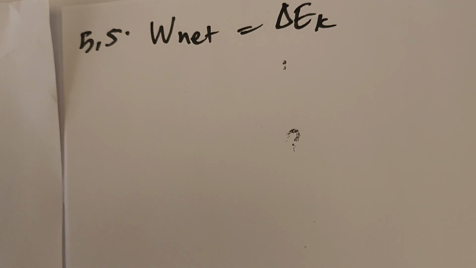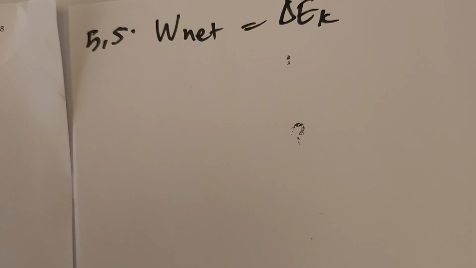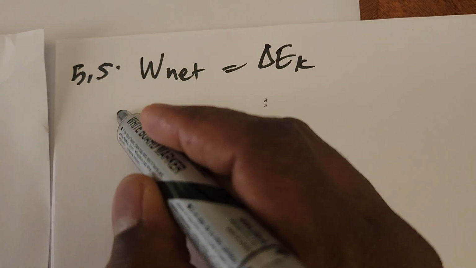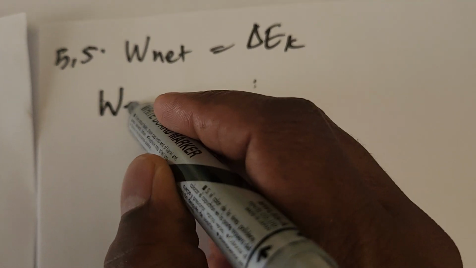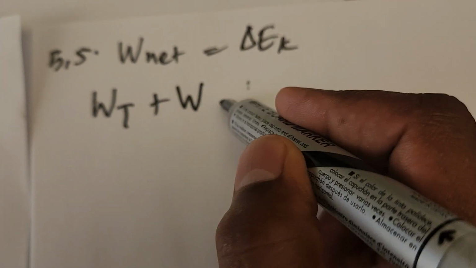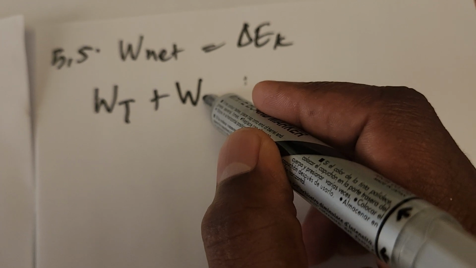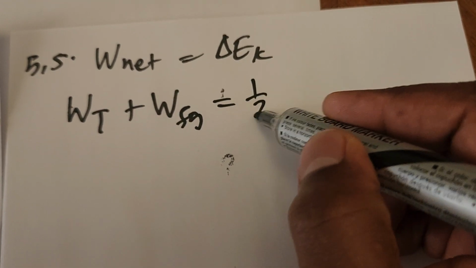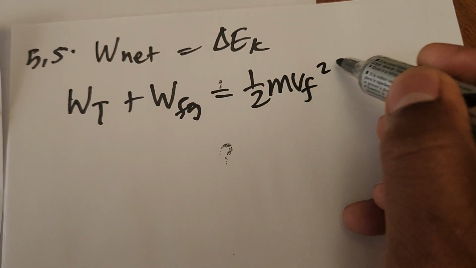And then after doing that, you'll have to mention which forces are doing work on the object. On this one, there are 2: the work done by tension plus the work done by the weight, gravity, which is the same as half m vf squared.